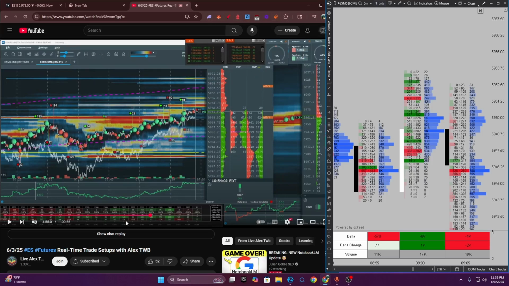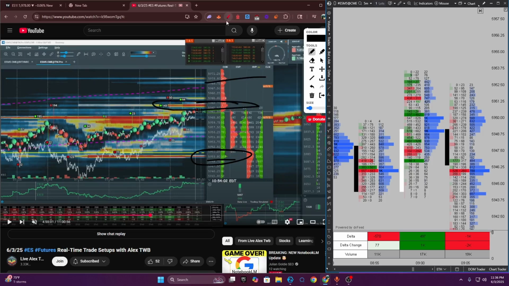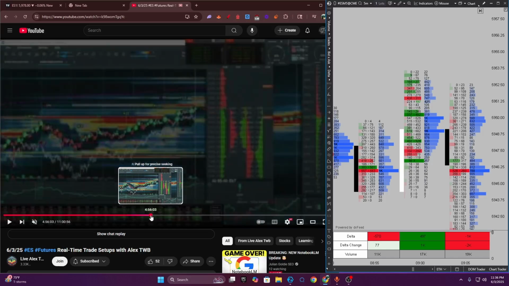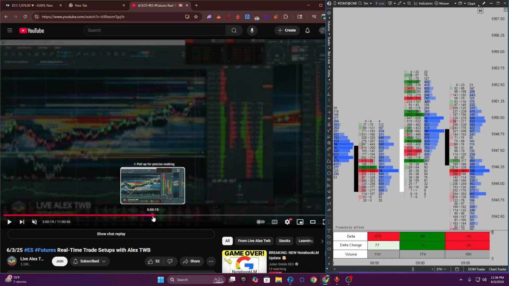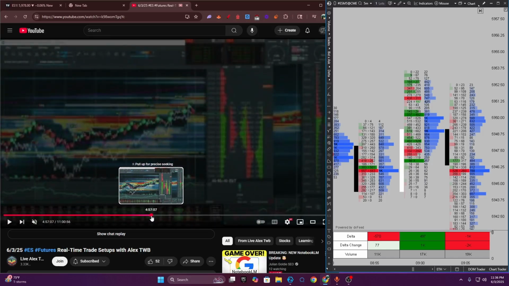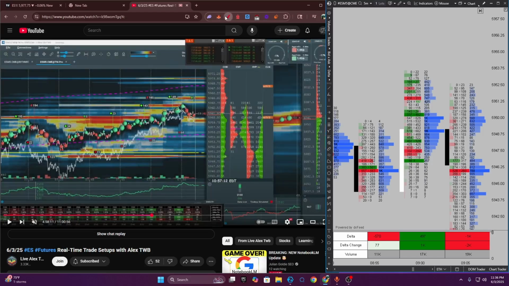So I'm just looking to see if there's anything that we can play off at this point, because honestly, I'm not seeing much. I'm just seeing that potential target here at 5950, target at 5970 potentially, and liquidity right here. So I want to see how price reacts, and we do. And what happens is we do seem to break out of that liquidity.